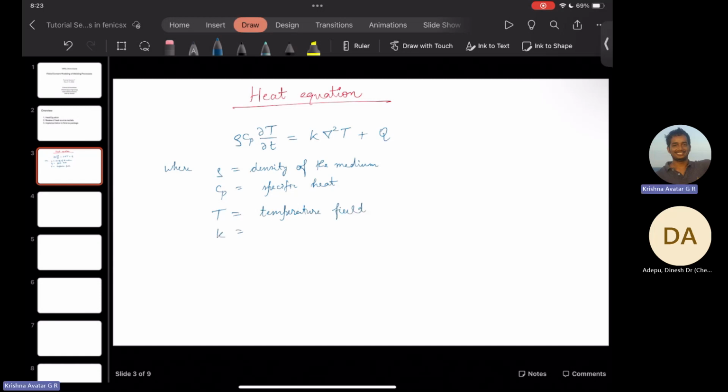Then kappa is the thermal conductivity of the material. This is similar to the Poisson equation, but you have an additional time term.